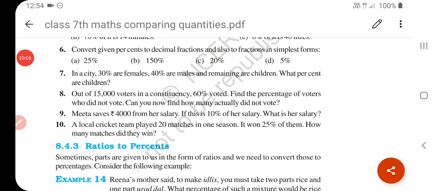See the question number 10. A local cricket team played 20 matches in one season. It won 25% of them. How many matches did they win? Read the question carefully.